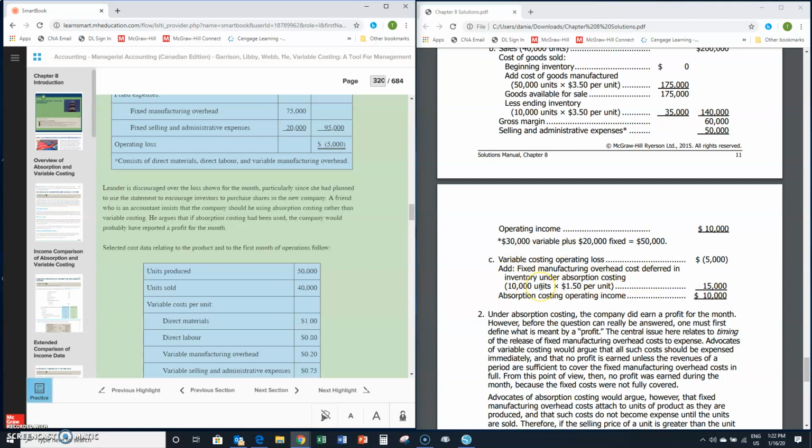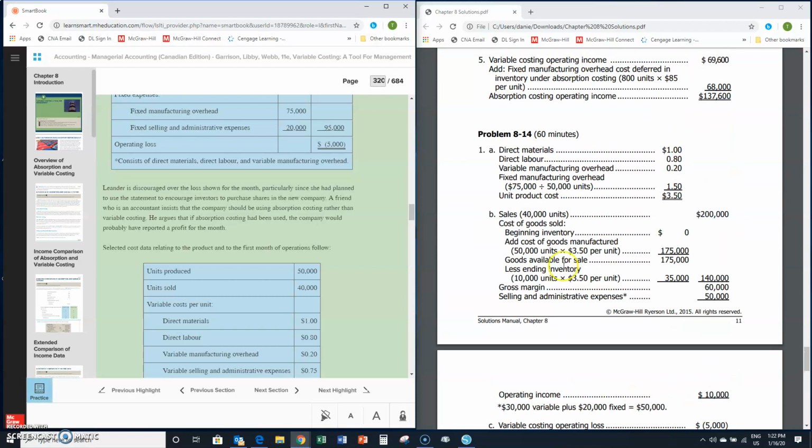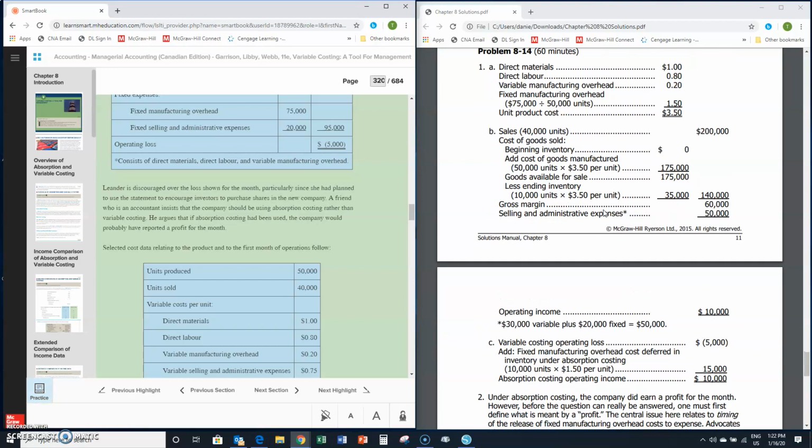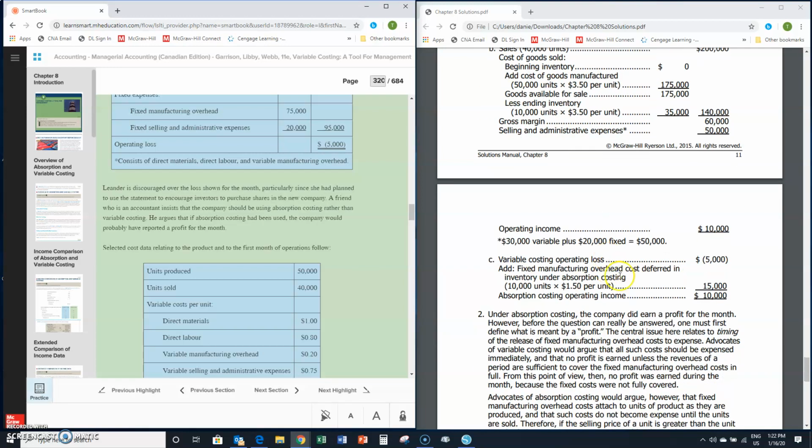So there were 10,000 units in inventory, and if we go up here to part A, each one of those 10,000 units in ending inventory has $1.50 of fixed manufacturing overhead attached to it. So instead of that expense being incurred on the statement this year, it's deferred in inventory until they're sold, presumably in the next period.